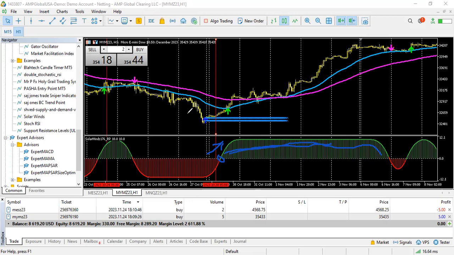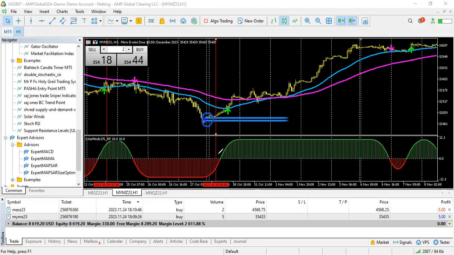Now, the reason why you have the BC trend point is that it informs you when the three confirmations have happened, right? So you have a support here with the support and resistance.